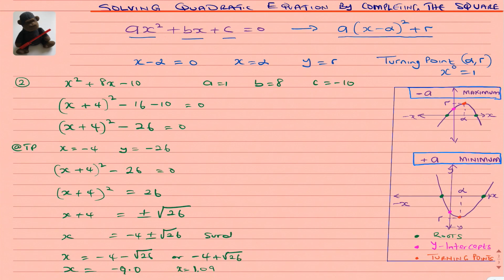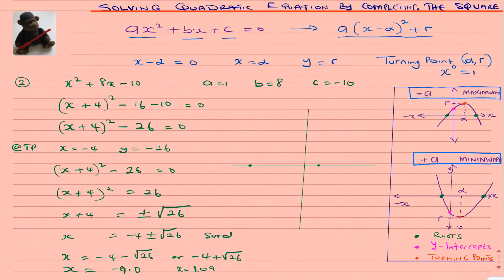Now sketching this, just draw your quick lines. It helps if you make it as straight as you can. So one point is x equals 1, and the other one is minus 9.